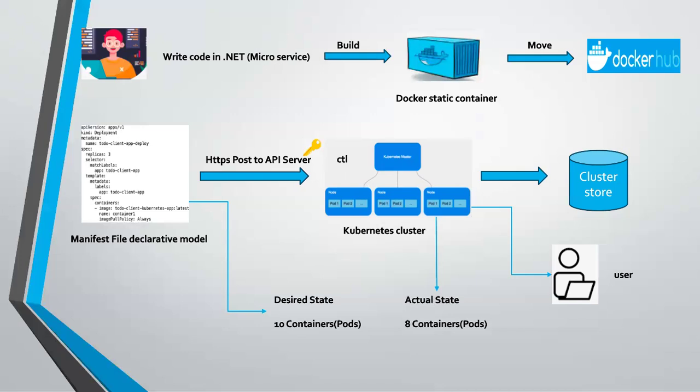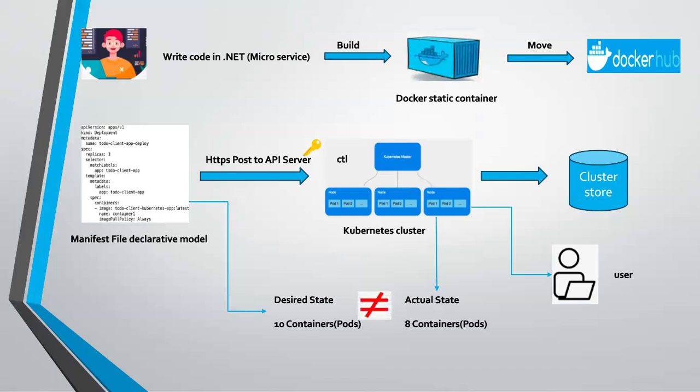But for example, if the 10 containers are not running, maybe only 8 containers are running, what will Kubernetes do? It will assign tasks to the controllers. The controllers will be running in the background. They will observe that the desired state is 10 containers defined in the YAML file, but the actual state is 8 containers.